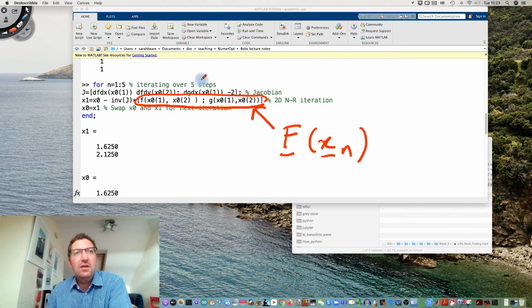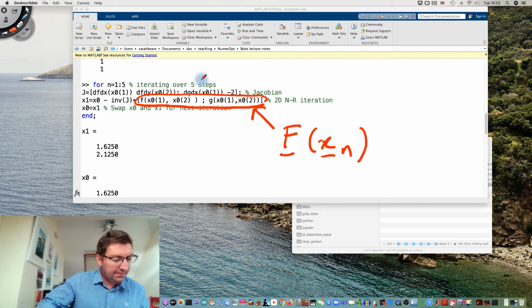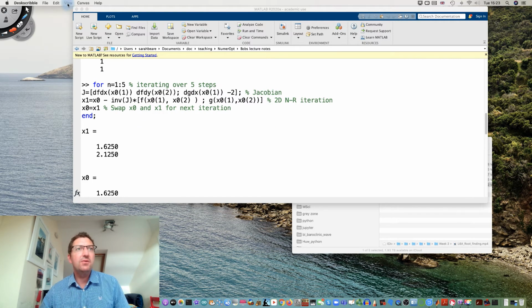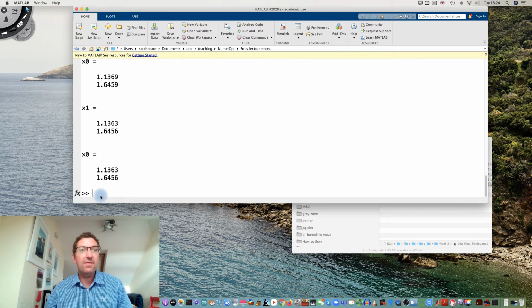So as you can see, it's quite a bit more complicated than the first order, and you need to sort of get your head around the methods. This is why I suggest you go through this yourself and make sure you understand each step that we're doing. But we can check now that is indeed the root, because as I said right at the beginning, the aim of root finding in 2D is to make sure that both f of x and f of y are 0.